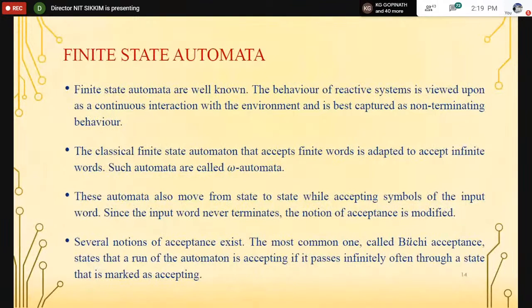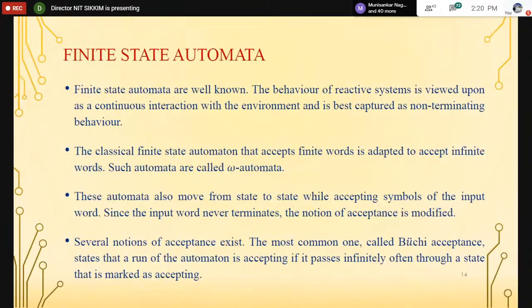The classical finite state automaton that accepts finite words is adapted to accept infinite words. Such an automaton is called an omega automaton. So FSA and omega automaton, there is no difference. The only difference is you have an infinite sequence of states.